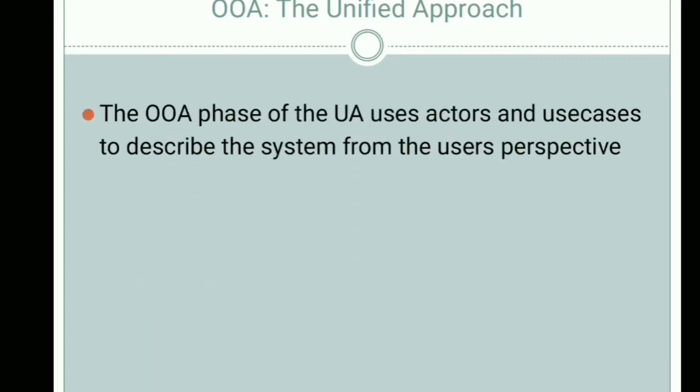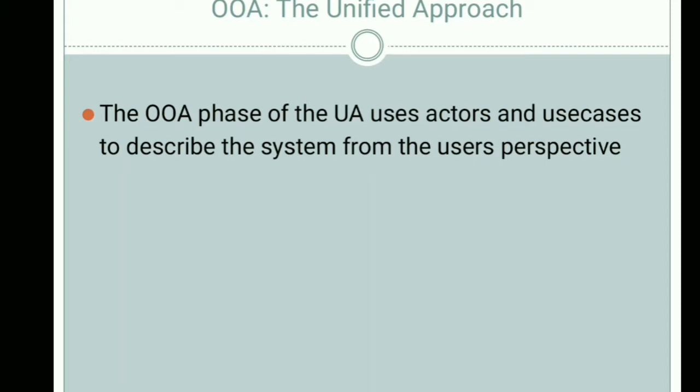Object-oriented analysis is done with the help of the unified approach, which is defined in the analysis process. So what exactly is this unified approach? The object-oriented analysis phase of the unified approach uses two things for use case modeling, and those two things are actors and use cases.